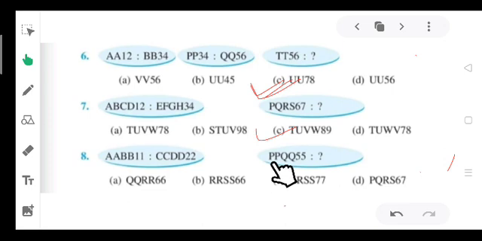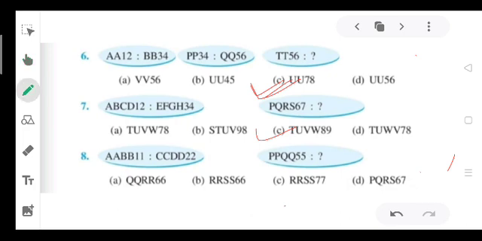So the same we will follow here. P, we will skip one letter, Q we will skip, and here we will write R. P R. Q R we will skip, S. And 5, its next digit 6.